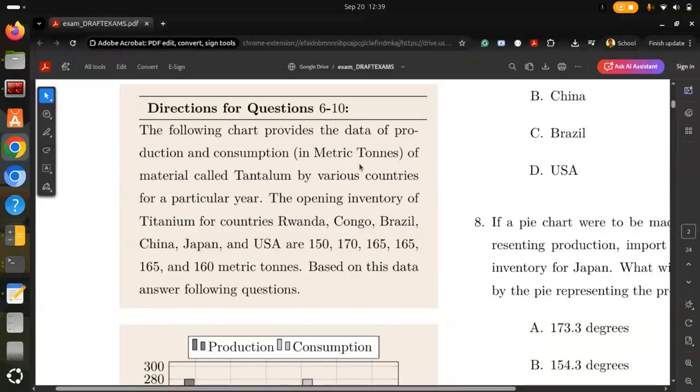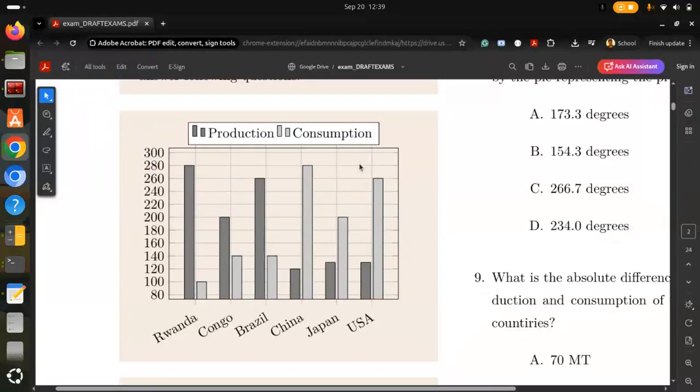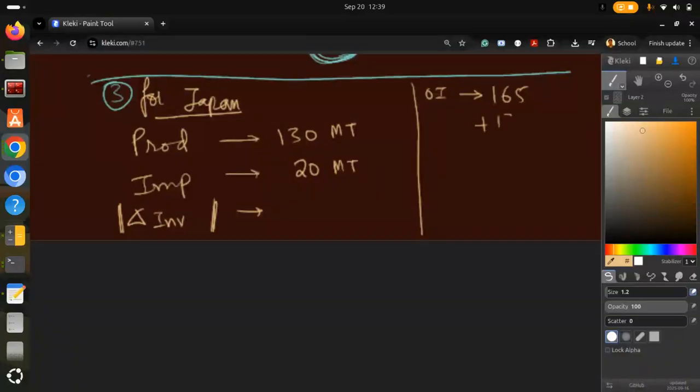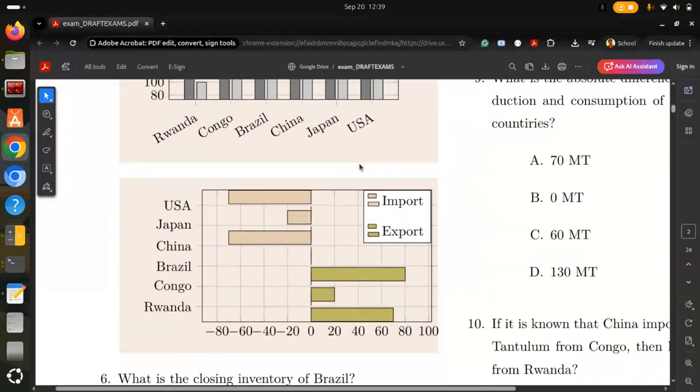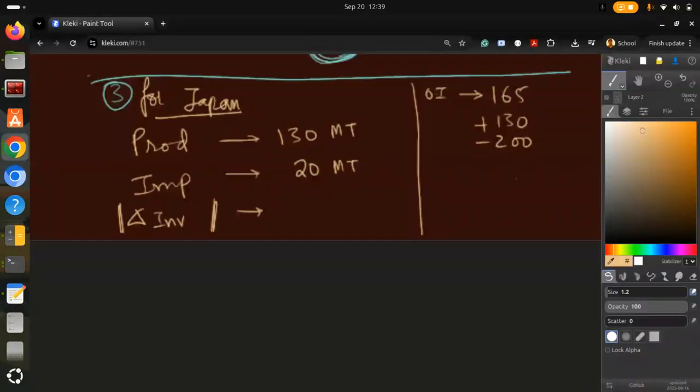Next, I want to see production and consumption. Production will increase the inventory, 130, and 200 is the consumption. So plus 130 and minus 200 for production and consumption. Then import and export: we are importing 20, so import will increase the inventory. So this will be the closing inventory.